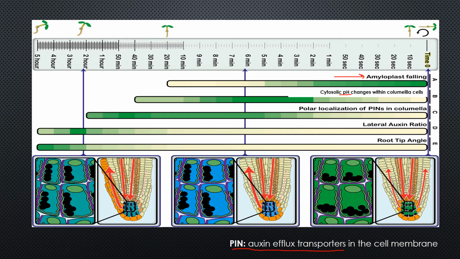So as we go amyloplast to cytosolic pH to polar localization, we are going further away from this initial stimulus time. Okay, so that's at the cellular level. So we have effectively had a cascading effect at the cellular level.